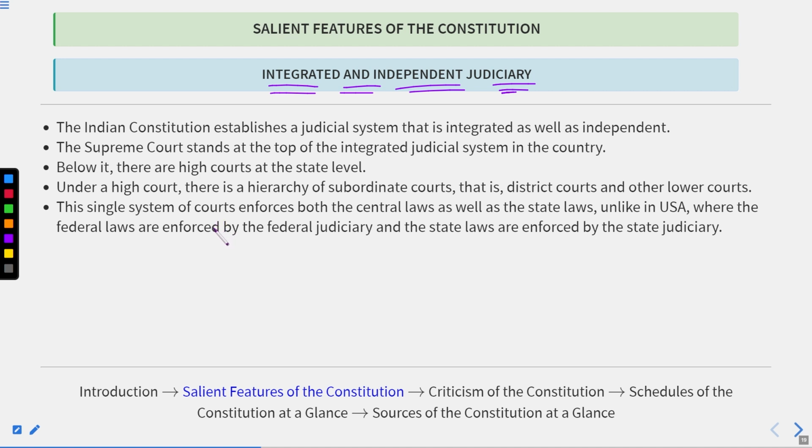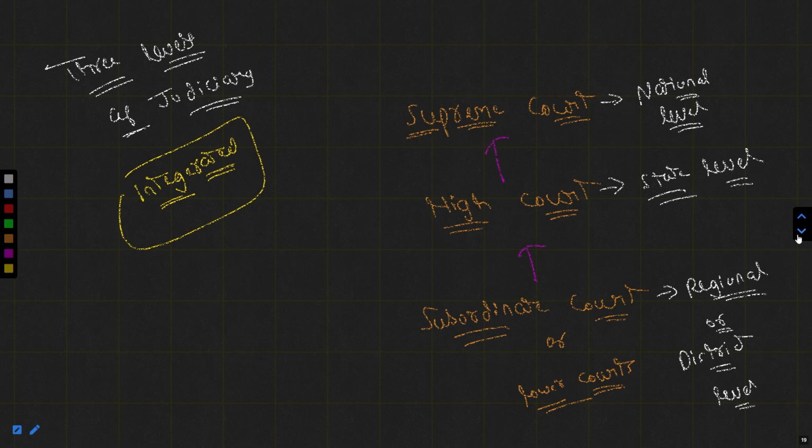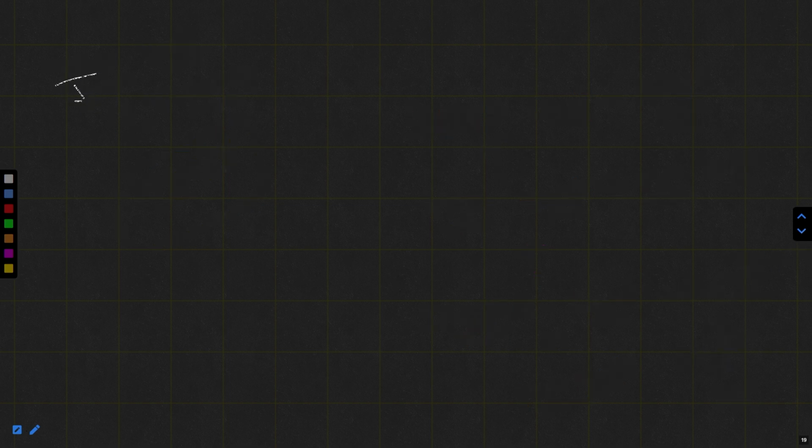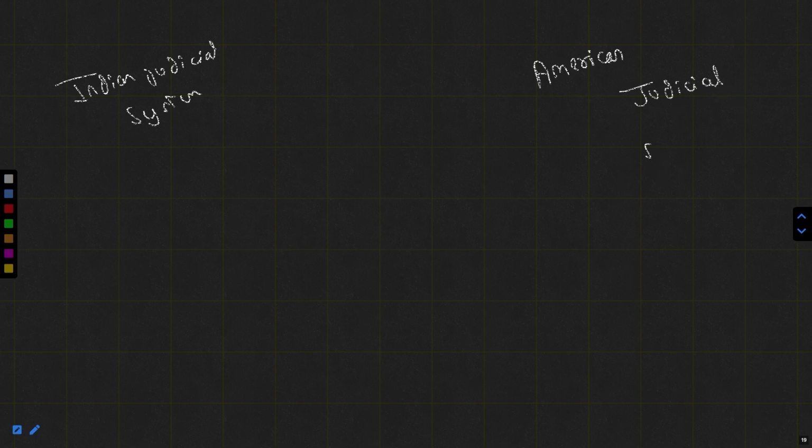Unlike in the USA, where federal laws are enforced by the federal judiciary and state laws are enforced by the state judiciary. So when we talk about the Indian judicial system and the American judicial system, what is the difference between them?